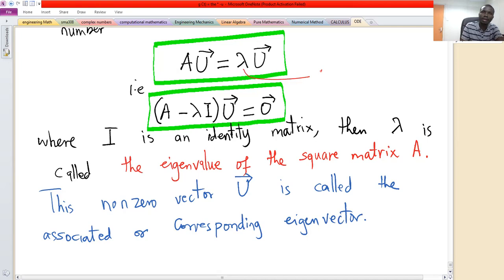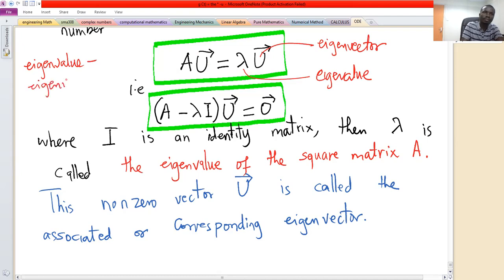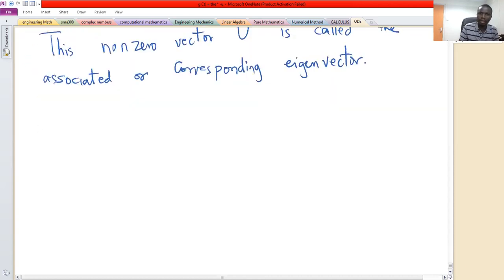So this is the eigenvalue, while this one is the eigenvector. So this equation is sometimes called the eigenvalue, eigenvector equation or relation. So that's the definition of eigenvalue and eigenvectors.